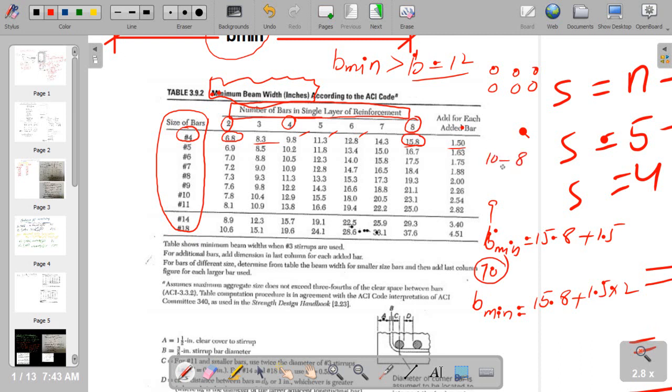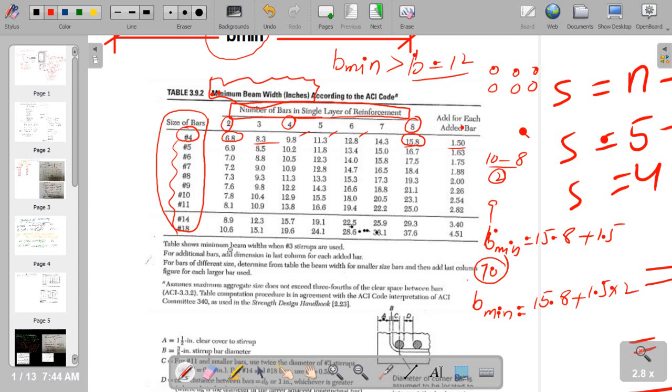Between 10 and 8 we have a 2 bar difference, so we multiply 2 with 1.50. This is the reason. Similarly, for all the bars, you will see the minimum beam width, and we must ensure this beam width.